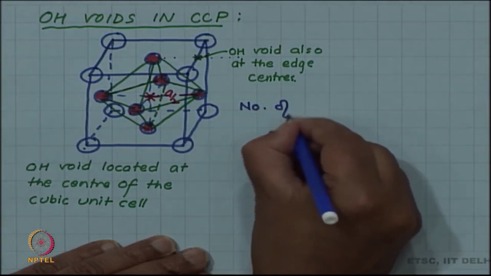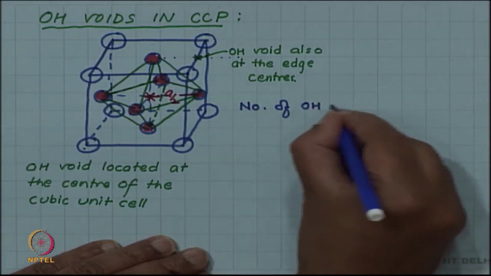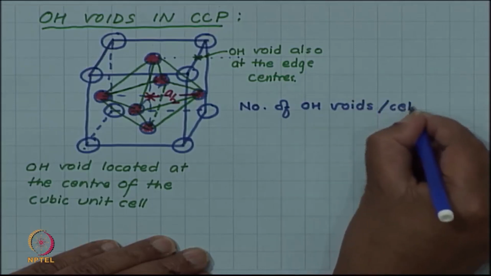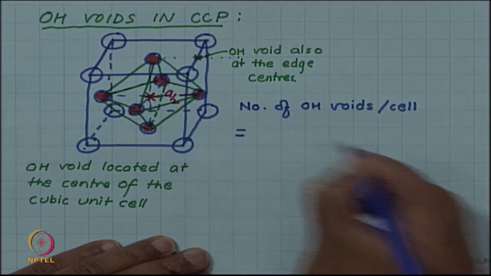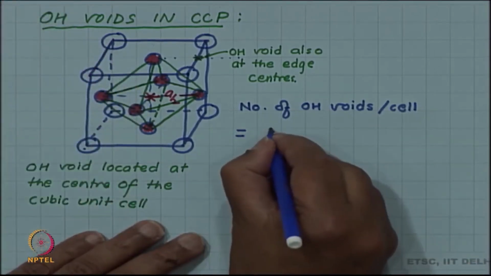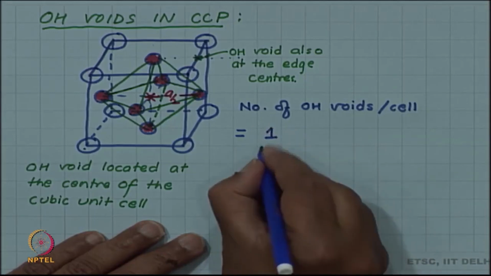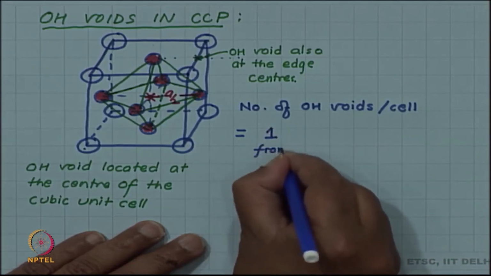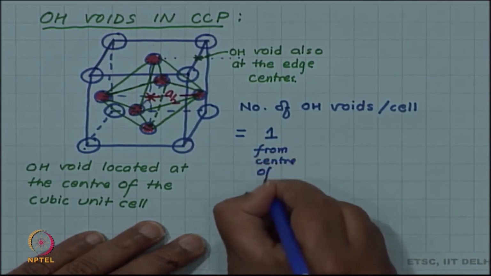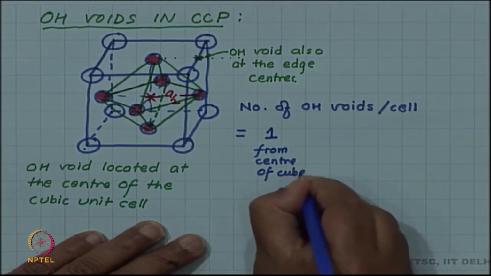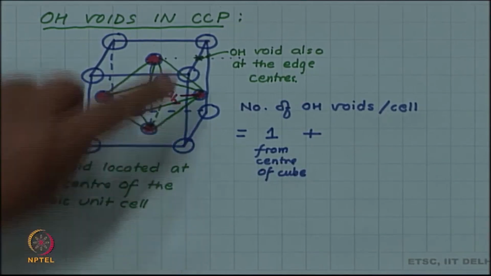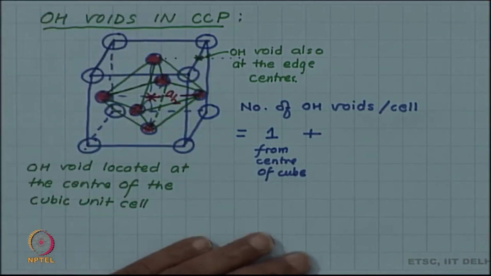So, the number of octahedral voids per cell. The central void is totally included in the cell. So, I have 1 from the center of the cube, plus I have 12 voids, as there are 12 edges of the cube.